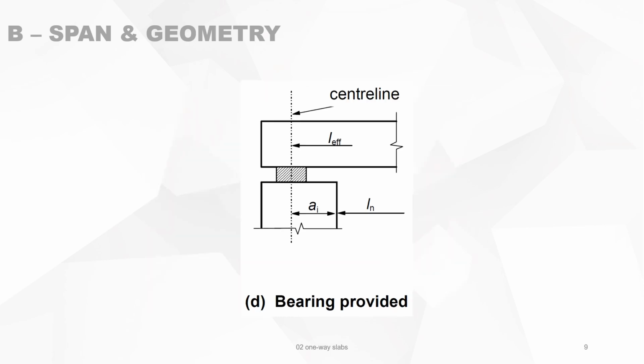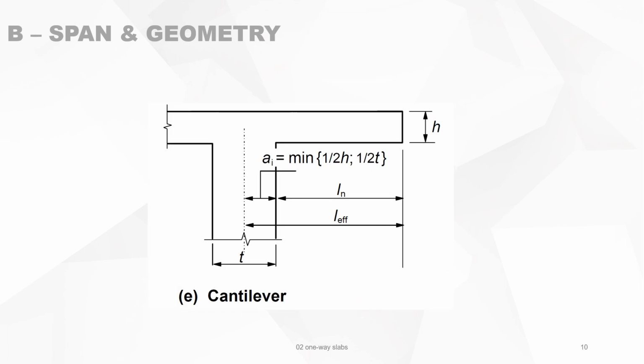Of course, when you have a bearing, then the effective span of the slab will be defined by the center line through the bearing. For a cantilever, it's again the same formula.